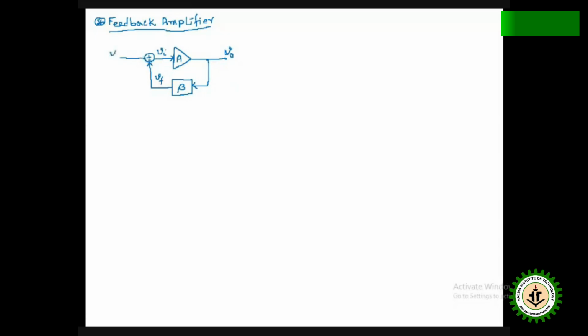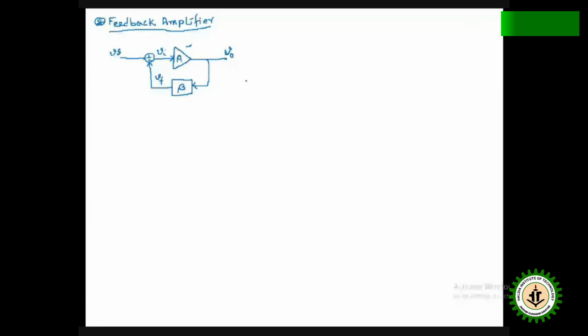For the whole circuit, the input is Vs, the source voltage. So the whole thing is called a feedback amplifier. This is the basic amplifier with this feedback circuit, and the whole thing is called a feedback amplifier.